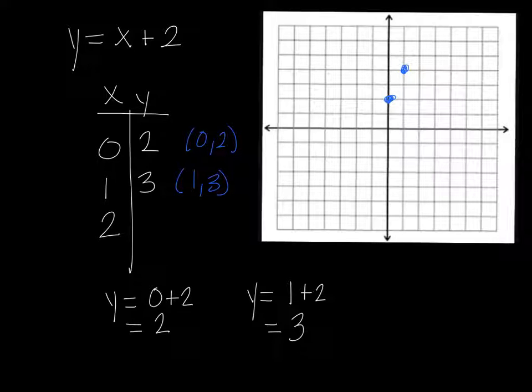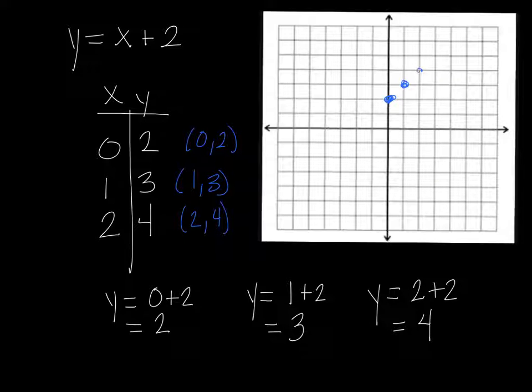That is not 3, people. 3. Okay, and then we have our last one, y equals 2 plus 2, so I get y equals 4. So that means I'm going to graph the point (2, 4), and there it is. Once you have your 3 points graphed, I want you then to draw a nice line.